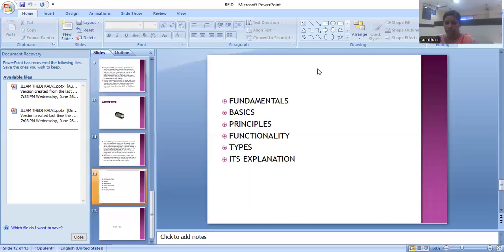In this session, we have seen RFID, the working of RFID, the fundamentals of RFID, and the types of RFID. Finally, the applications of RFID. First is people tracking. Second is document tracking, healthcare, and manufacturing.